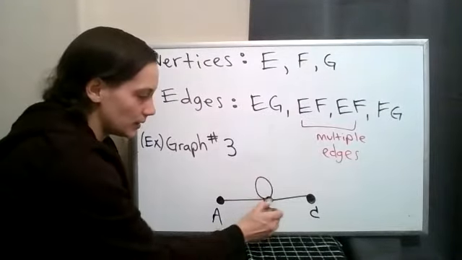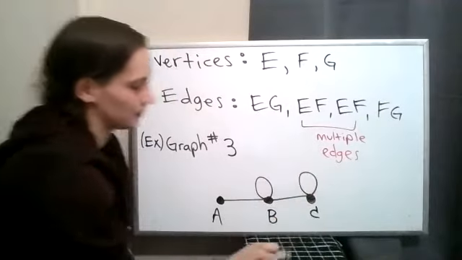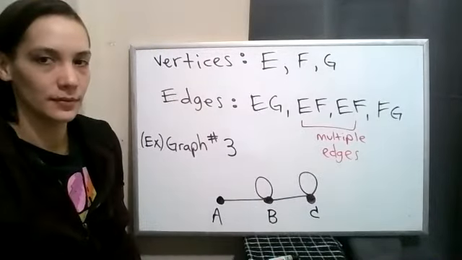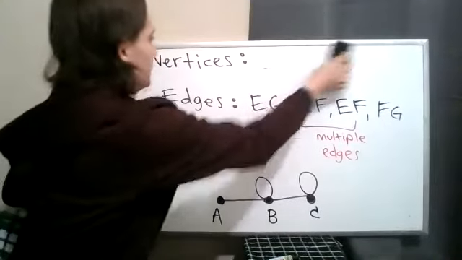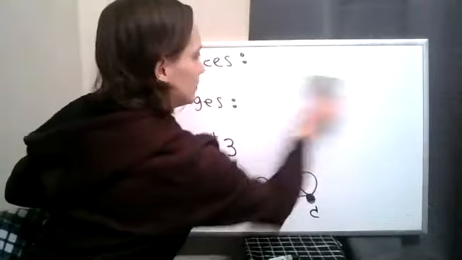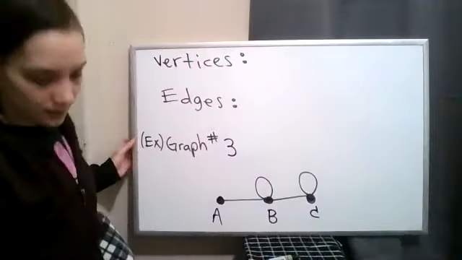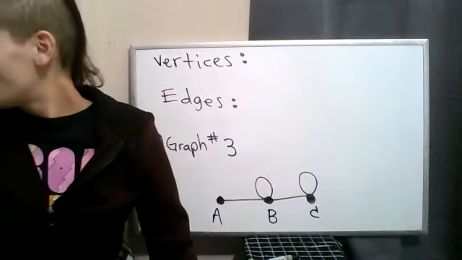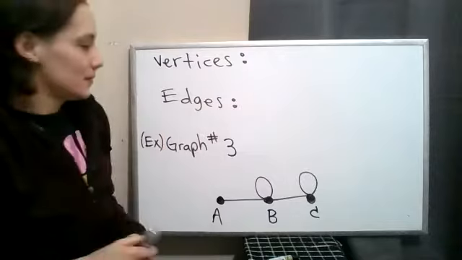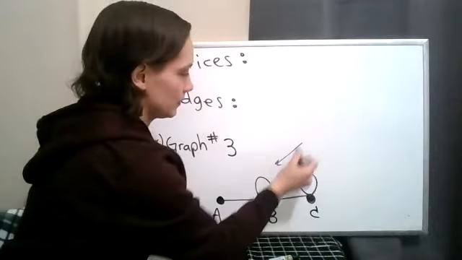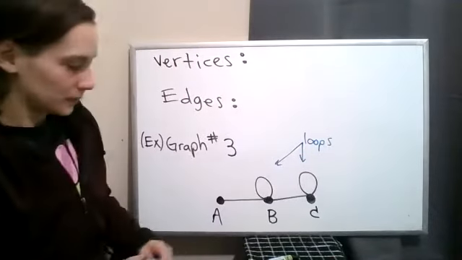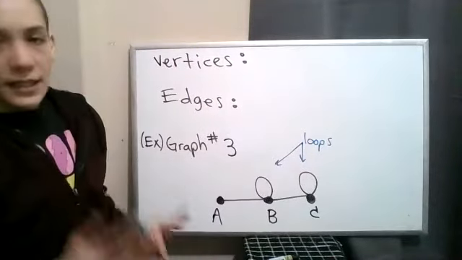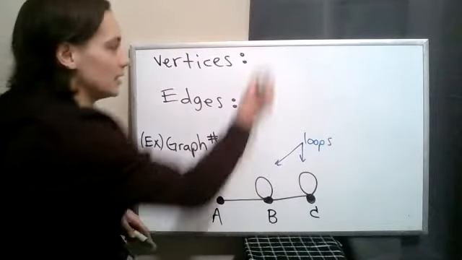And there's a loop and a loop. Let's list the dots or vertices.